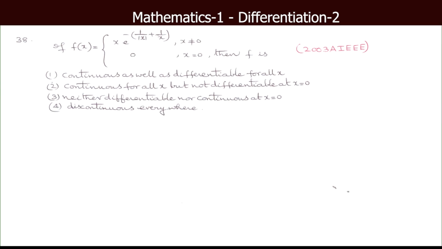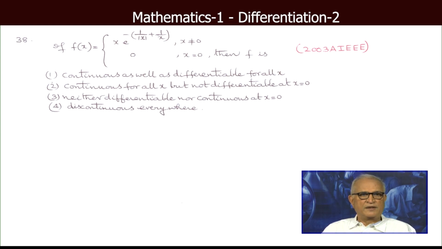F dash a plus is the right-hand derivative of f at x equal to a, which is the limit of the Newton quotient fx minus fa by x minus a as x tends to a from the right. And f dash a minus is the limit of the Newton quotient as x tends to a from the left. When these two exist finitely, you can say that f is continuous at x equal to a.